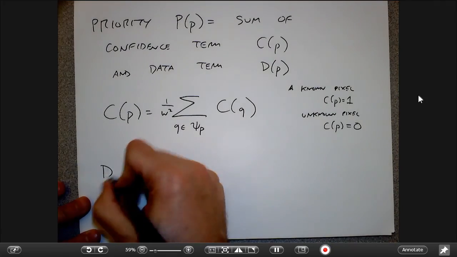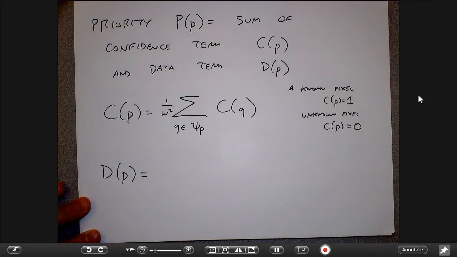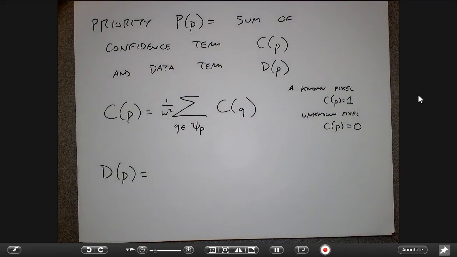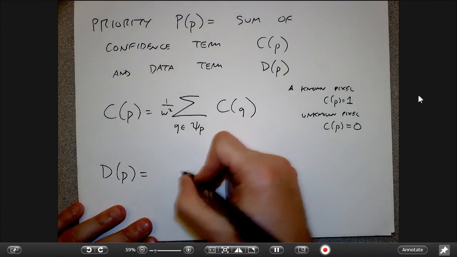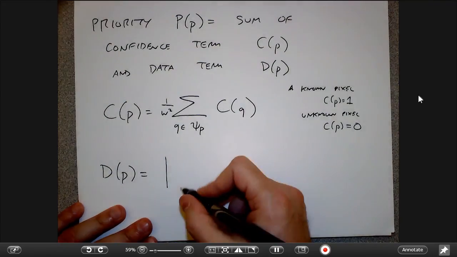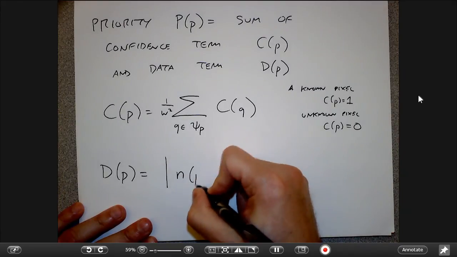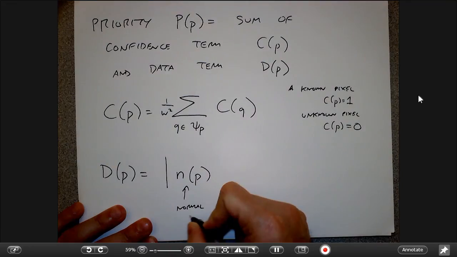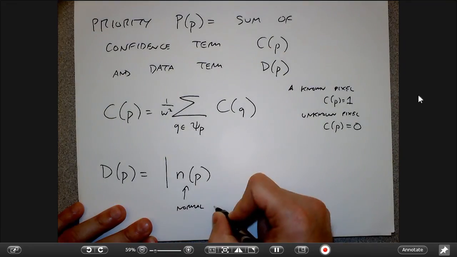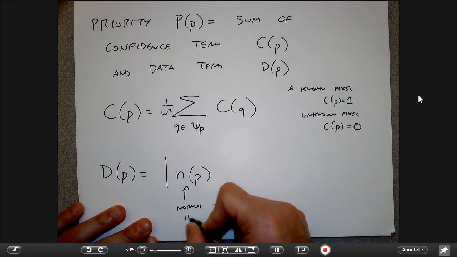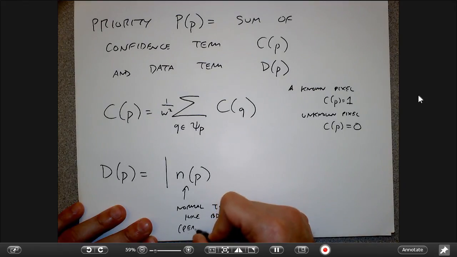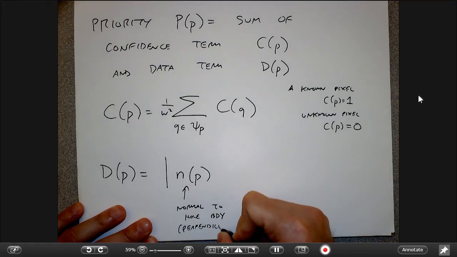And the data term basically says what I want is the absolute value of the normal. So this is the normal to the hole boundary, that's perpendicular to the hole boundary.